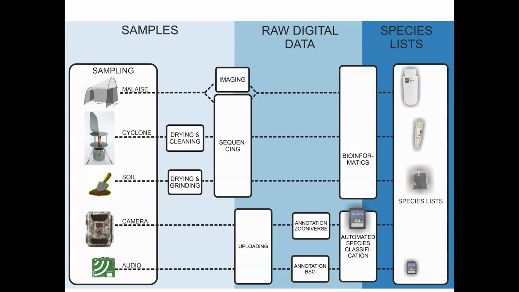For the camera and audio data, we have to collect a lot of annotation data, which is the data that we use to train the machine learning algorithms. So we just tell it what the species look like or sound like. And for the audio, we are for some places able to produce species lists now. And for the camera data, we're getting there.